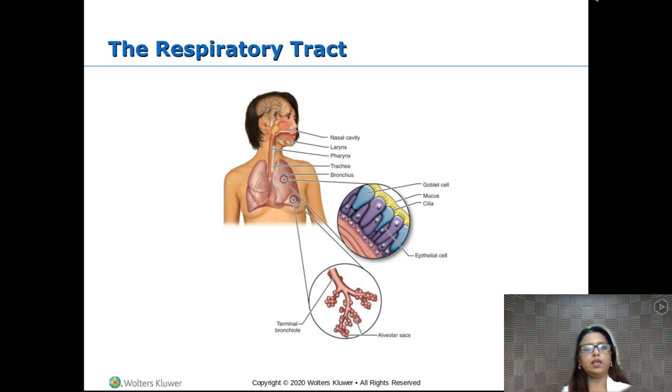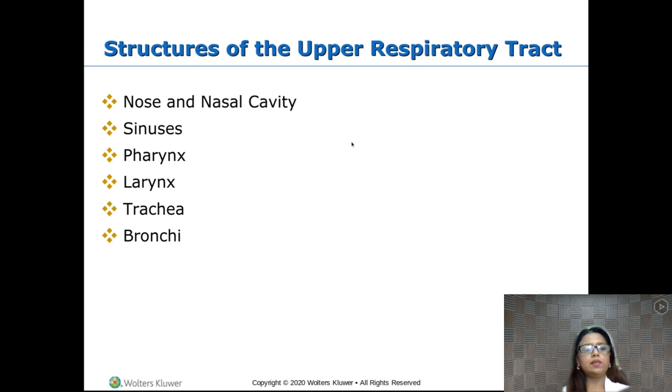And these are just names of the structures: from the nose, there are sinuses on the sides of our cheeks, then the pharynx and larynx in our neck, and it extends to the trachea, and then the bronchi in the lungs.